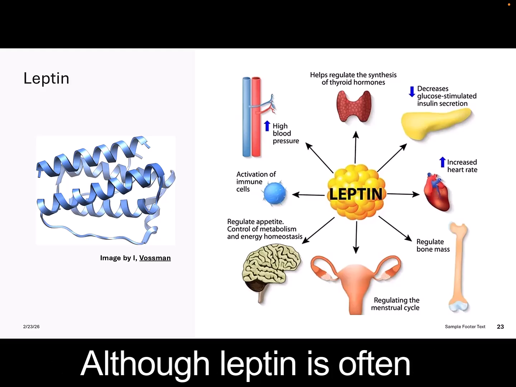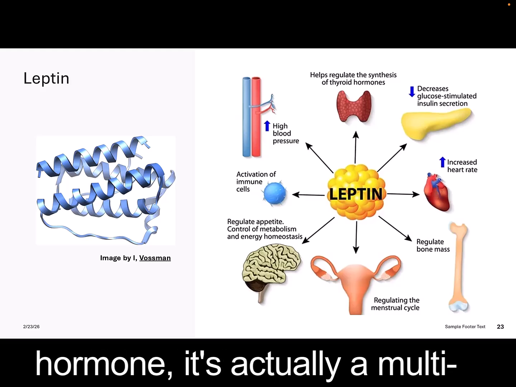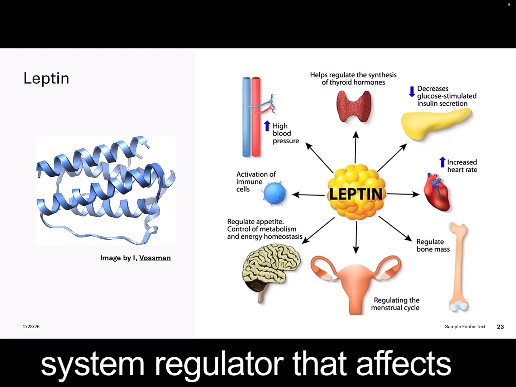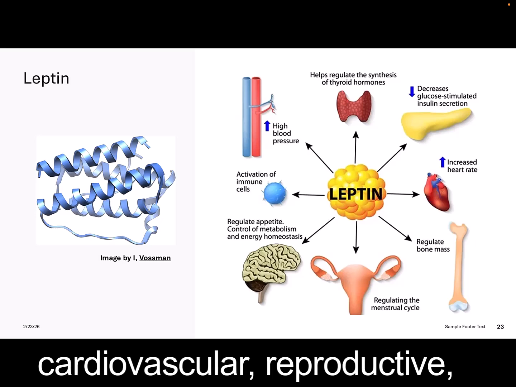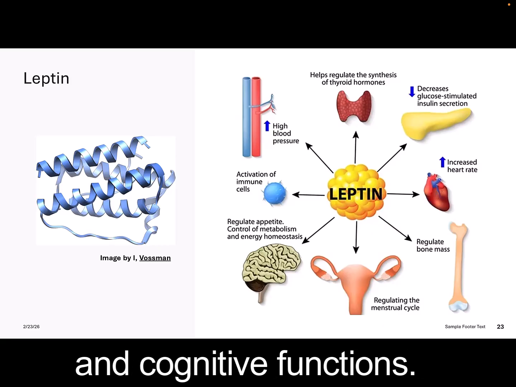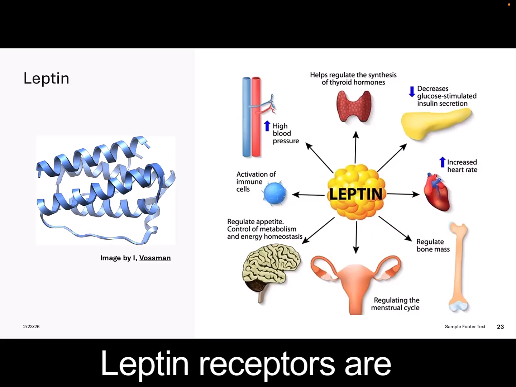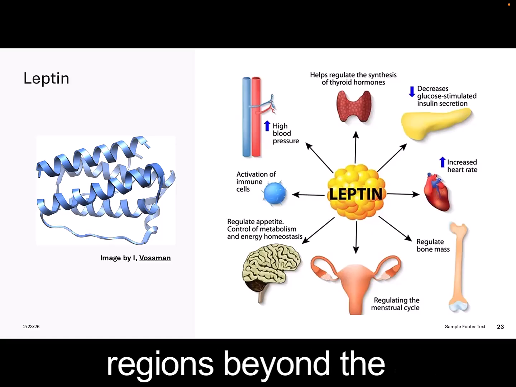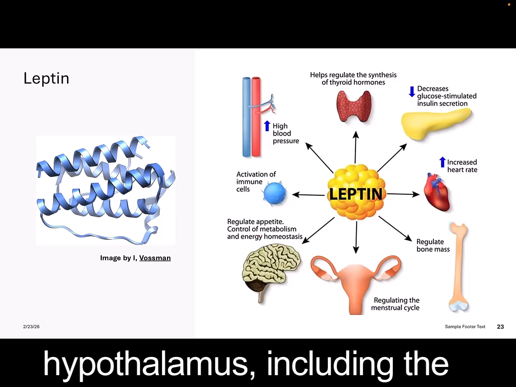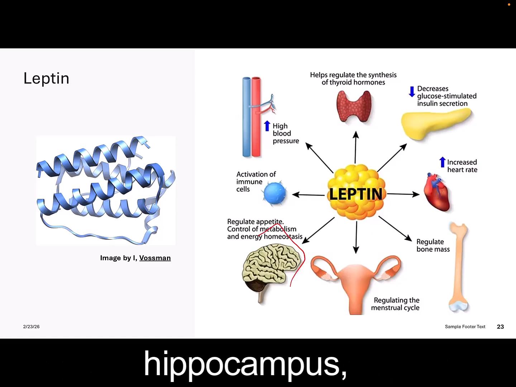Although leptin is often described as a satiety hormone, it's actually a multi-system regulator that affects immune, endocrine, cardiovascular, reproductive, and cognitive functions. Leptin receptors are expressed in multiple brain regions beyond the hypothalamus, including the hippocampus.